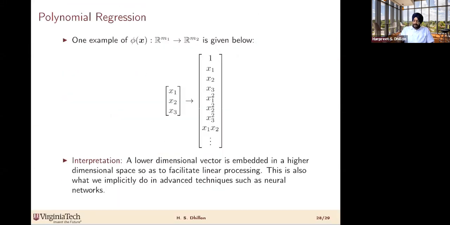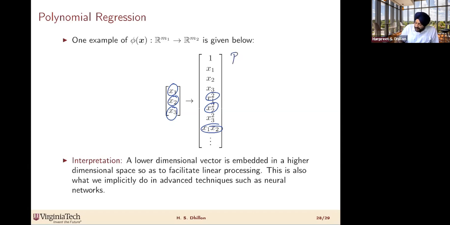Okay, so here we had, let's say, three features, x1, x2, x3. You can come up with as many new features as you want. I mean, you could add x1 squared, x2 squared, x1 x2, and things of that sort. You could create a much larger vector. This is called feature augmentation. And then you could potentially apply linear regression.